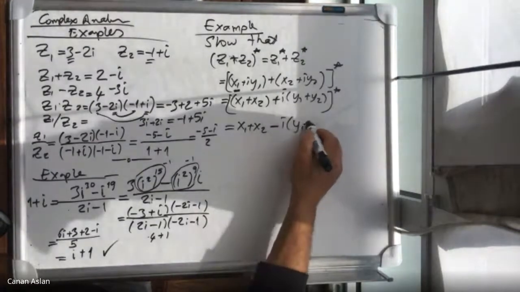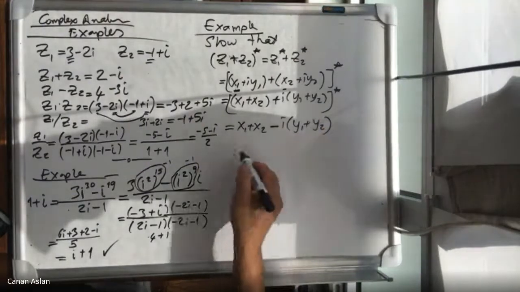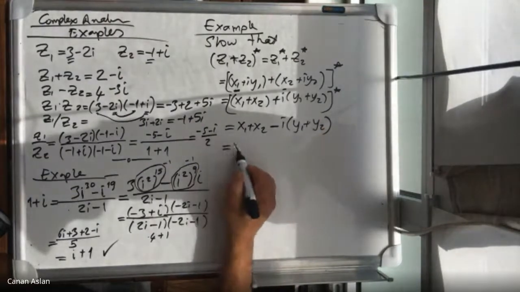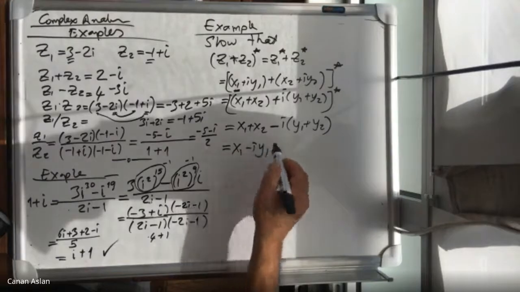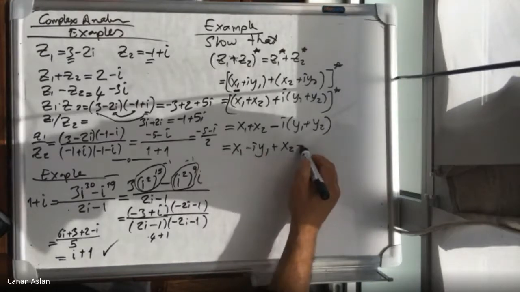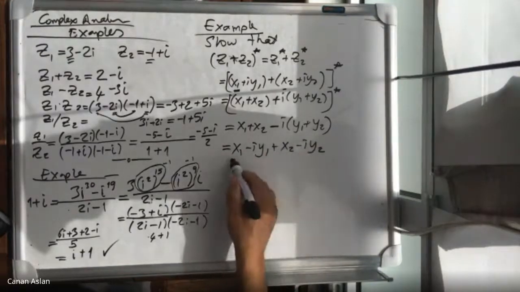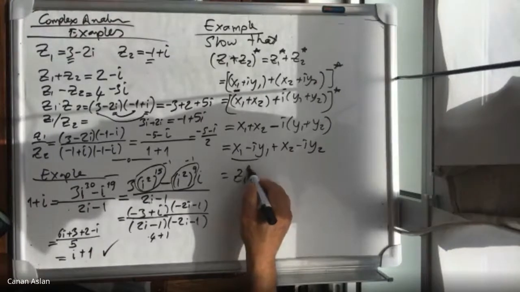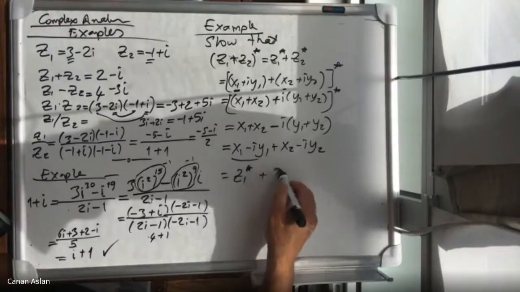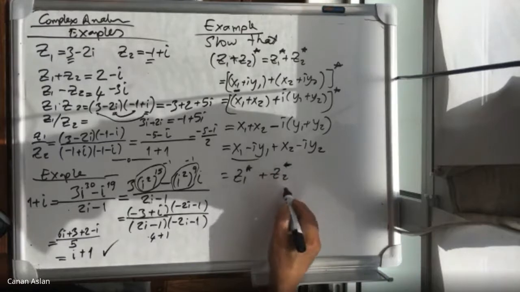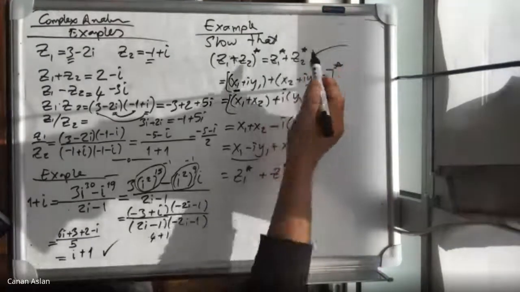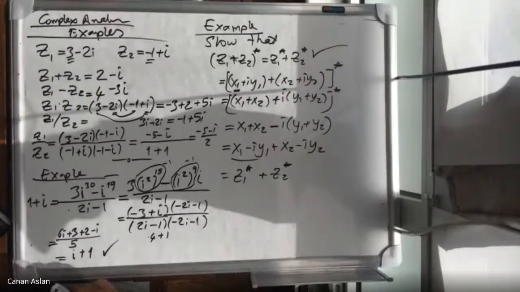Now I will just combine this back into x1 minus i y1, plus x2 minus i y2. Wow, this is just Z1 star, and this is Z2 star. Basically, we showed it. So this checks.